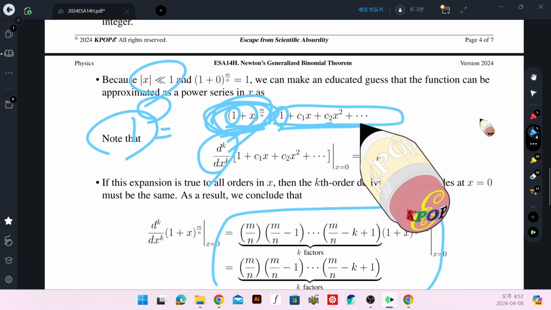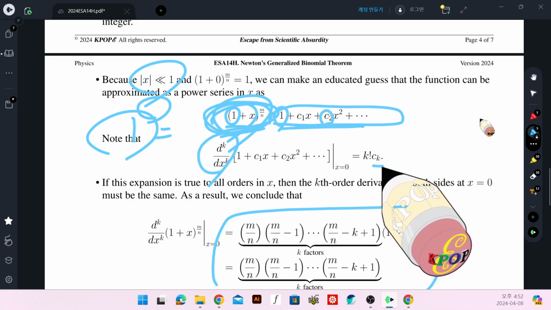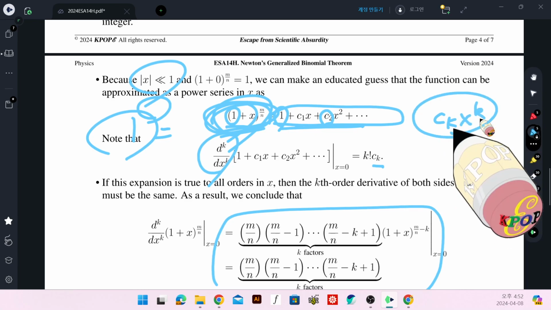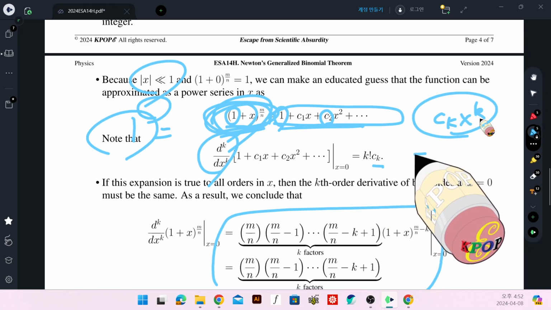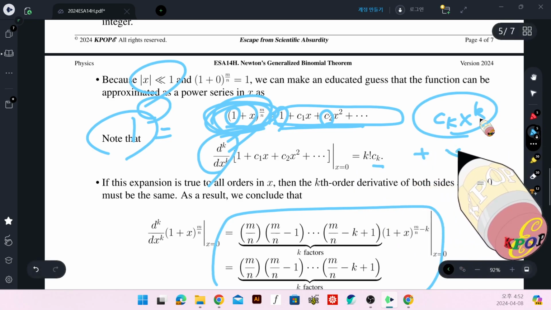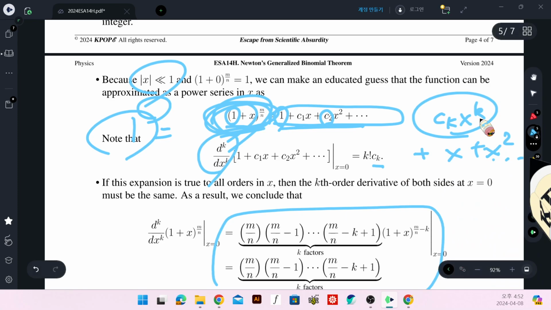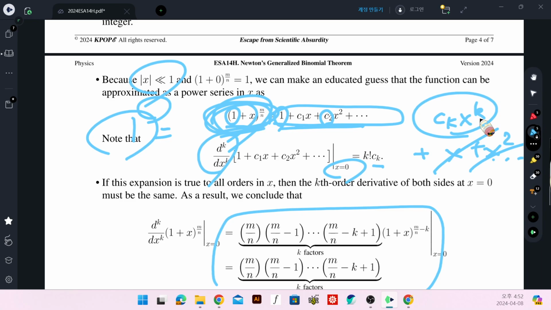After taking the kth order derivative, I have c_k x to the k, whose kth order derivative gives k factorial c_k, and the remaining pieces have x squared and higher order terms. If I substitute 0 for x, everything else will vanish. Exactly.